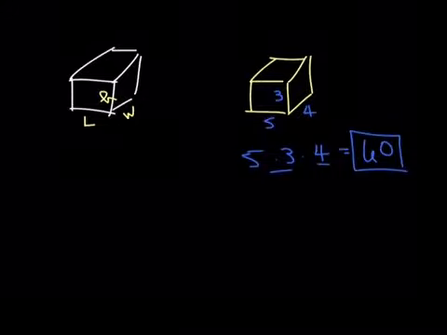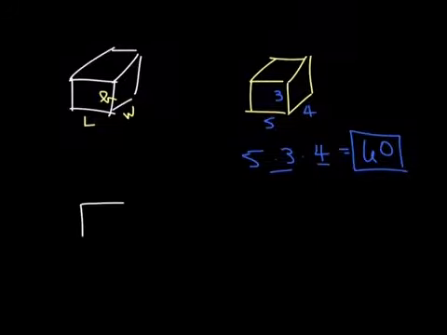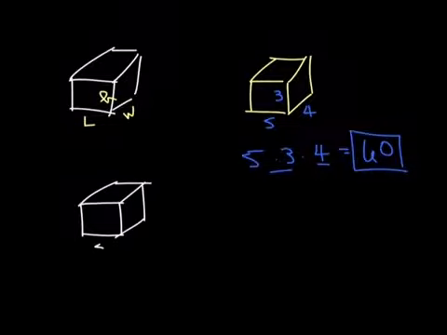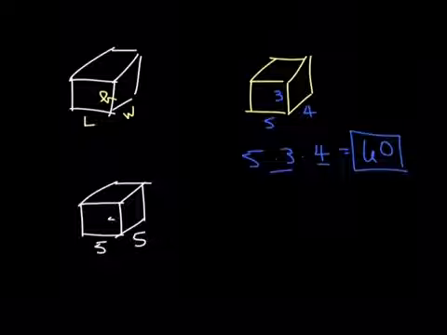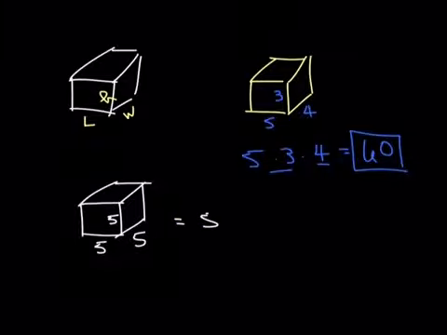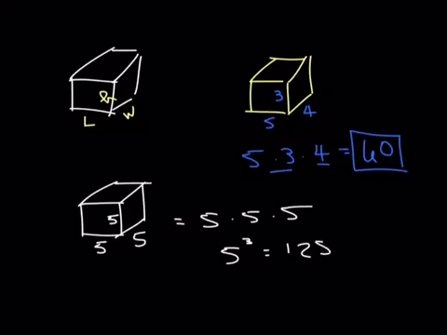If your rectangular solid is a cube, so if it's a perfect cube like this, and this is 5, and this is 5, and this is 5, how many 5s do I have there? I have 3, so I could really write that as 5 cubed and get 125, because 5 times 5 is 25. 25 times 5 is 125.